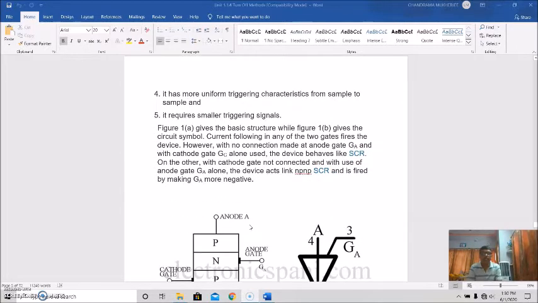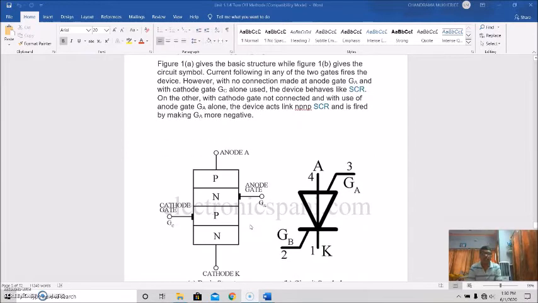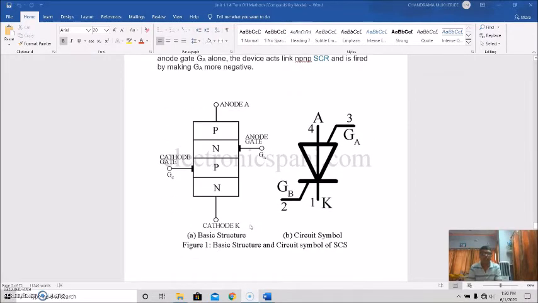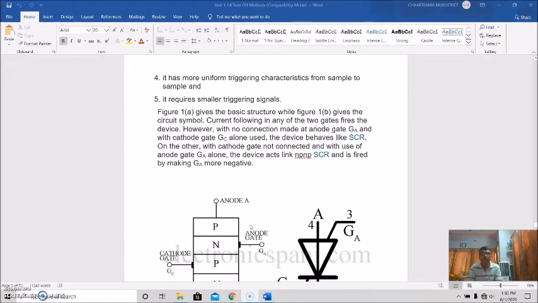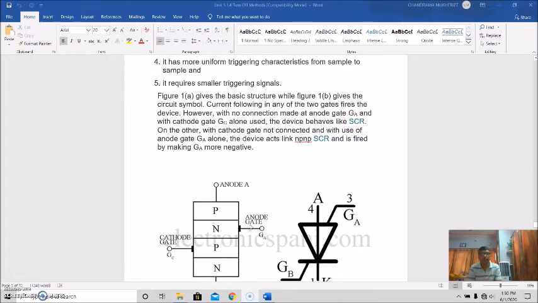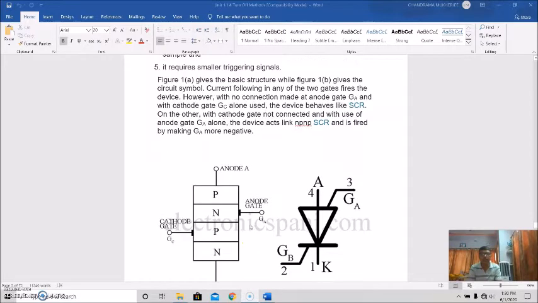So figure 1a gives the basic structure and figure 1b is the circuit symbol. Current flowing in any of the two gates, either the anode or cathode gate, fires the device.